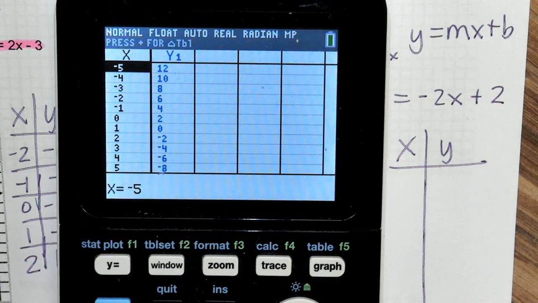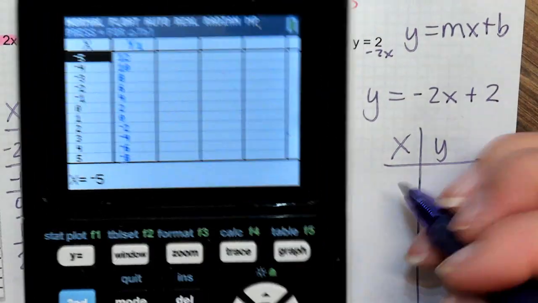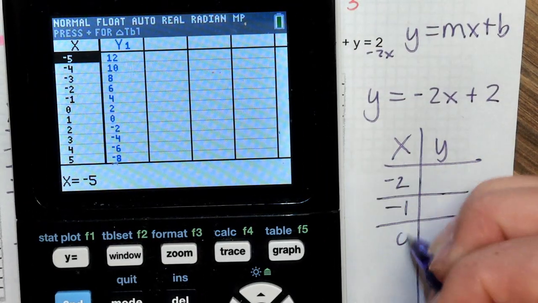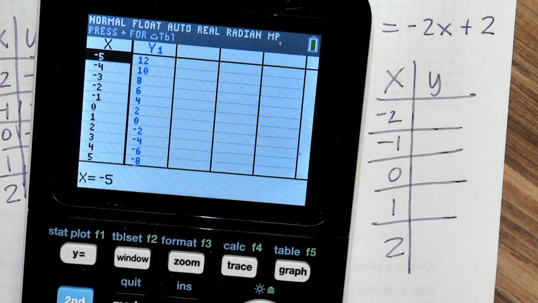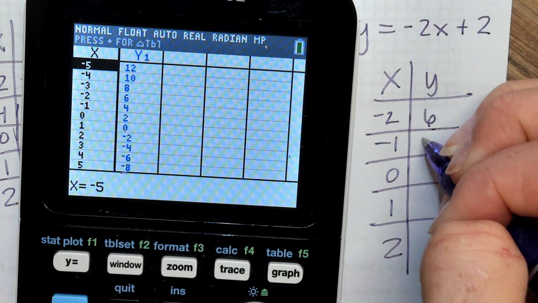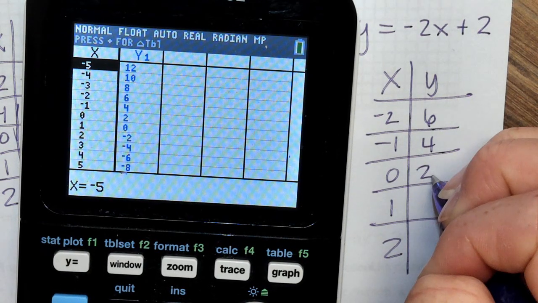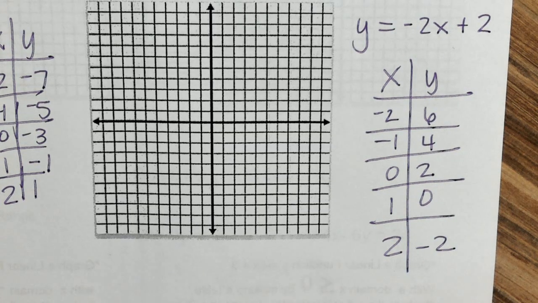Personally speaking, I always just go from negative 2 to 2 because it falls in the middle of the graph somewhere, but you can pick whatever you want. Go graph your points.